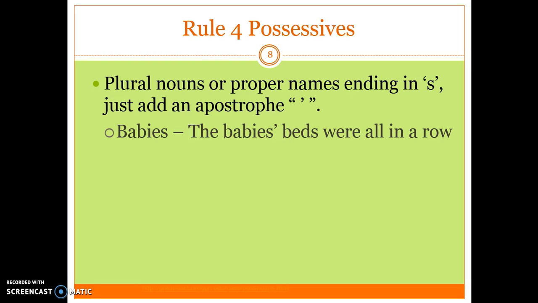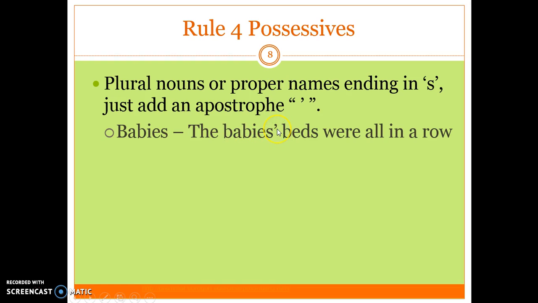Rule number 4 talks about plural nouns. Before, we were talking about singular nouns. Now we're talking about plural nouns or proper names that end in an S. You just add an apostrophe. So babies is plural. The sentence, the babies' beds were all in a row, shows that babies is plural.